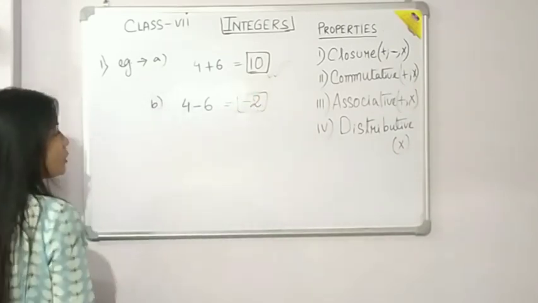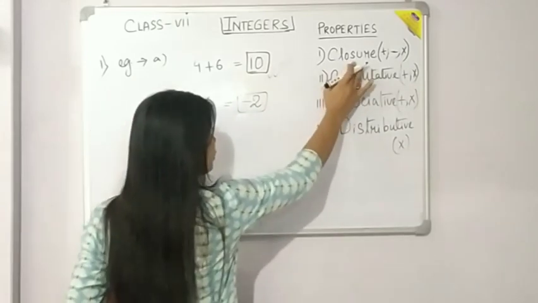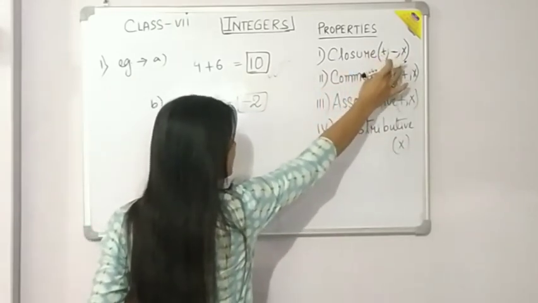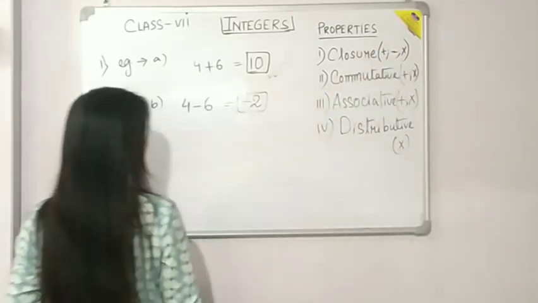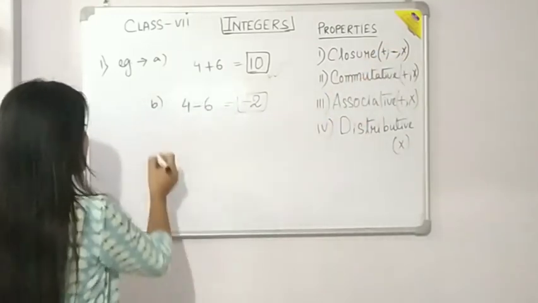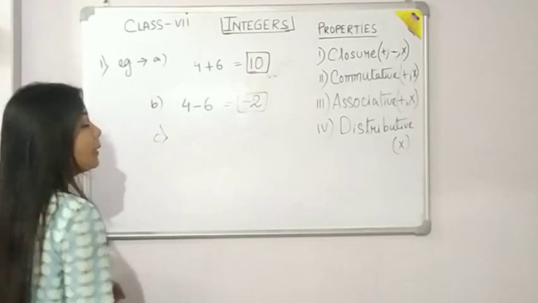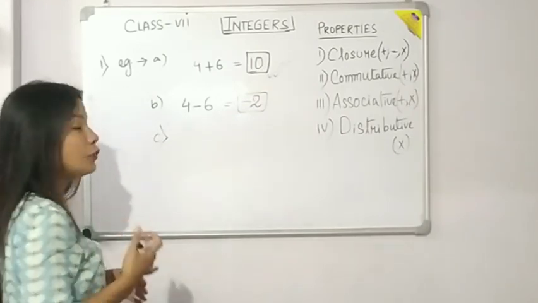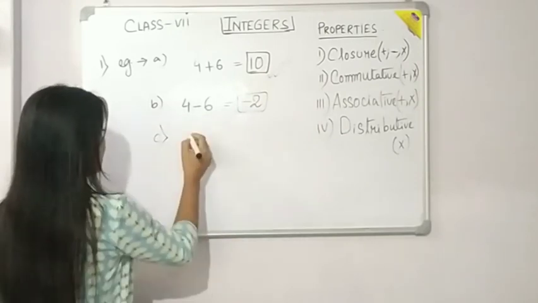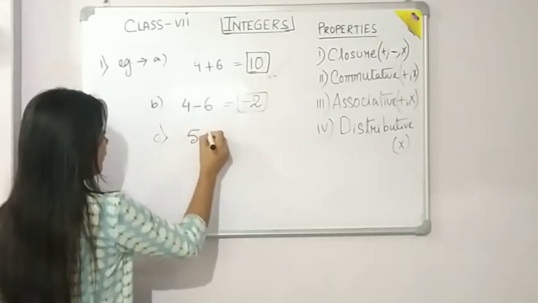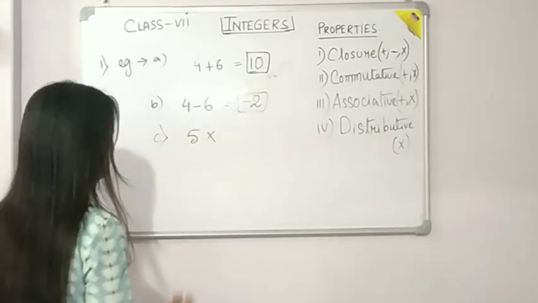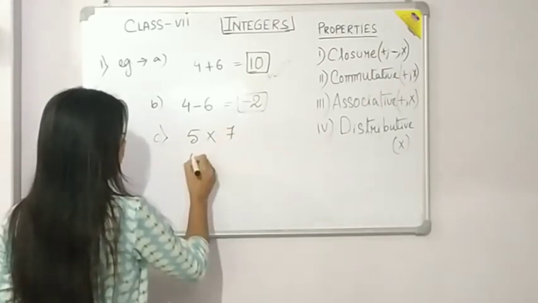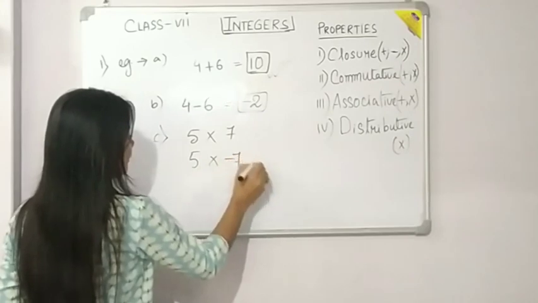So what we have understood is that our closure property is applicable for addition as well as subtraction, and the next one is multiplication. Even in multiplication we can say that the multiplication of any two integers will also be an integer. Let us take an example of 5 into 7, or 5 into minus 7.